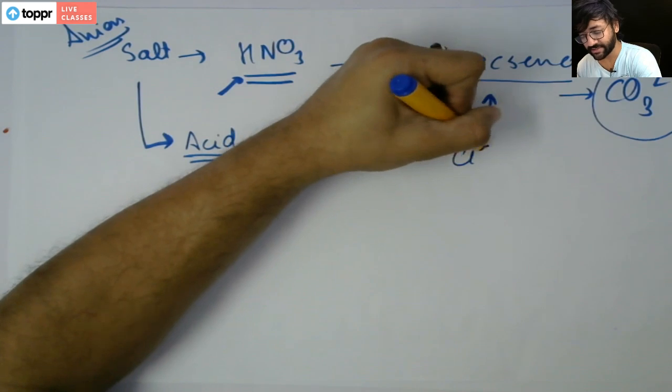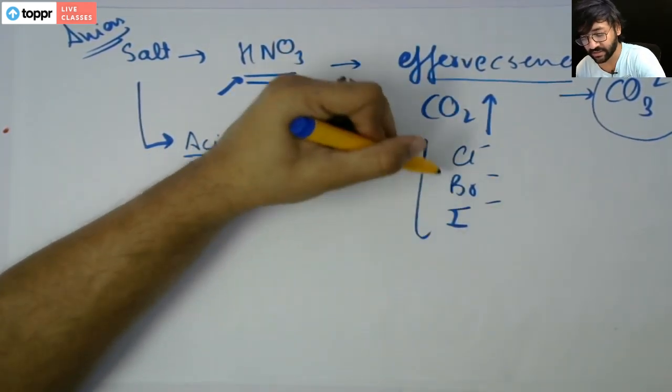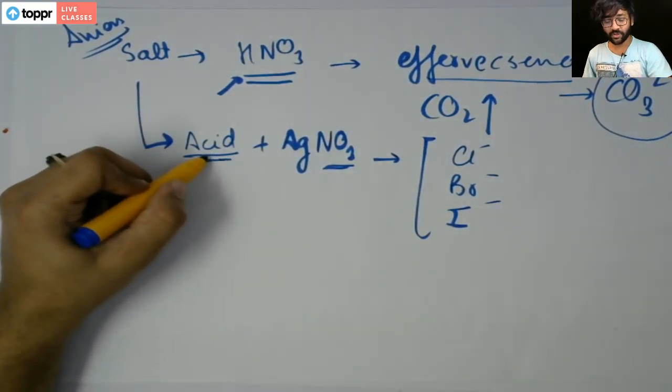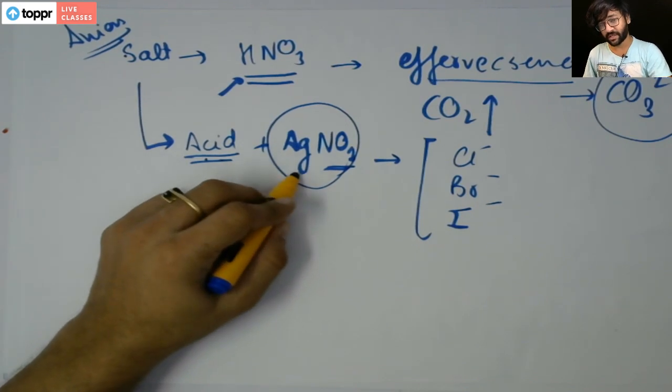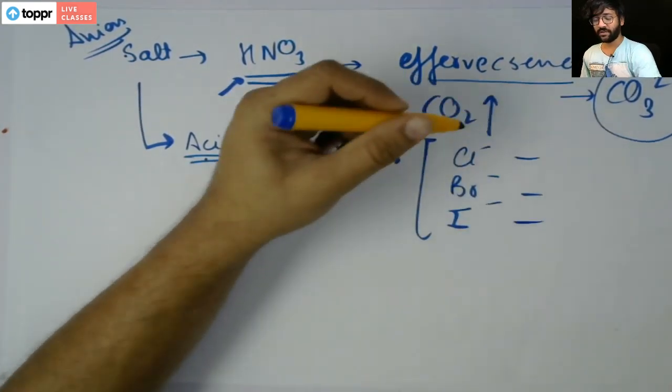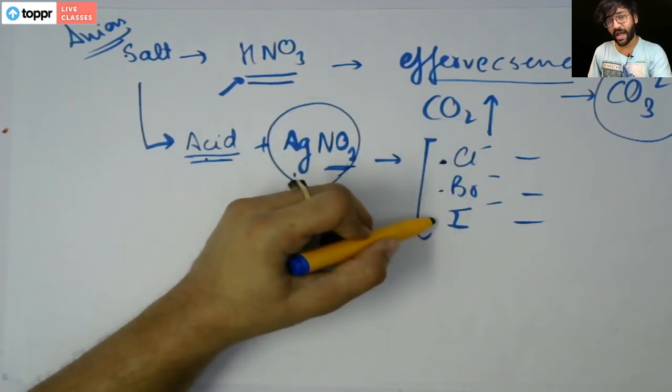Those anions are basically Cl minus, and the halogens Br minus and I minus. So if I put a little AgNO3 in an acidic solution of a salt and we get a precipitate, we can observe that it might have either a chloride, a bromide or an iodide anion.